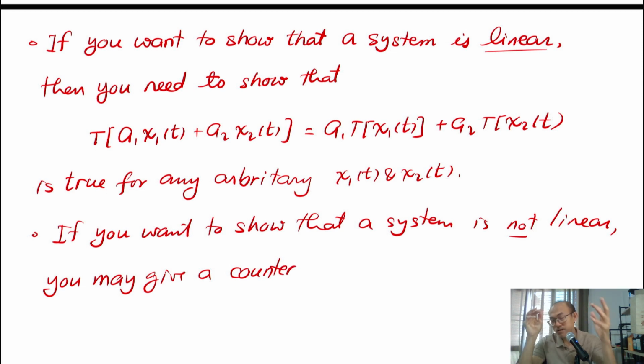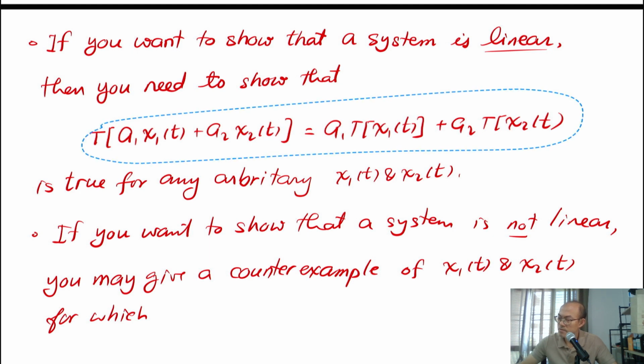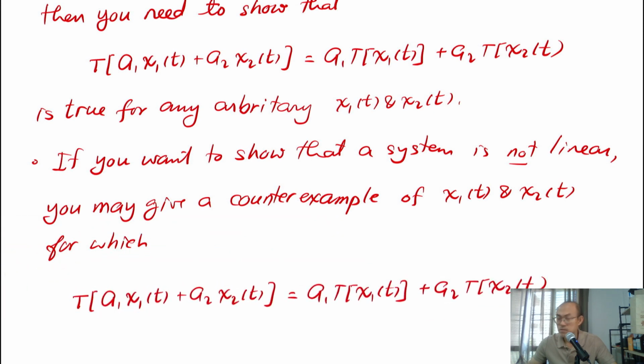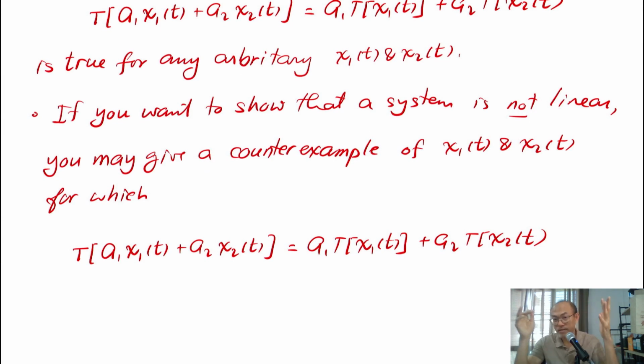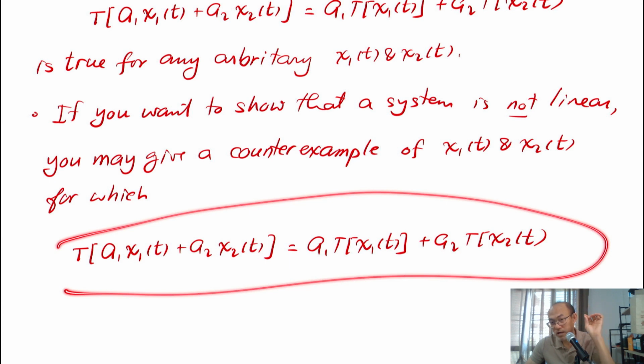You may give a particular case of x1 and x2 for which this equation, I'm going to copy it, is not true. You may plug in x1 and x2 as anything and show that this is not true. If it's not true for at least one pair of x1 and x2, then the system is not linear.